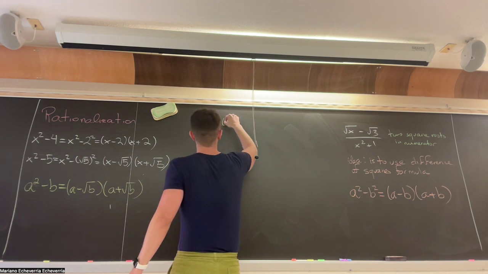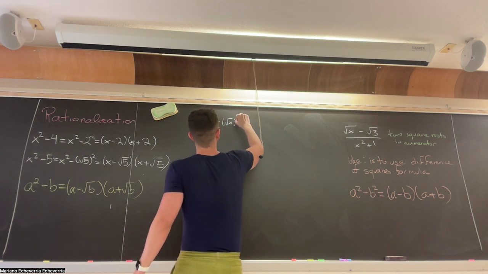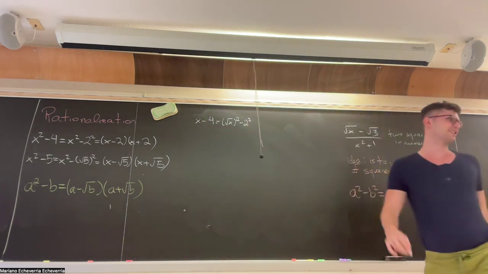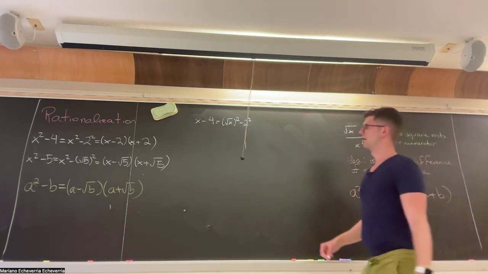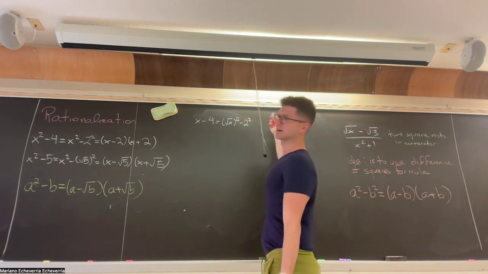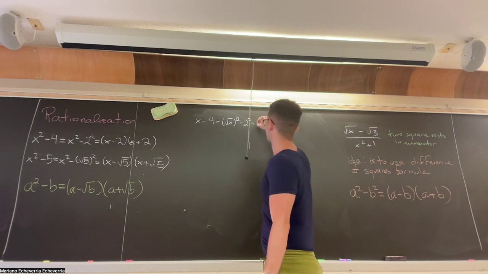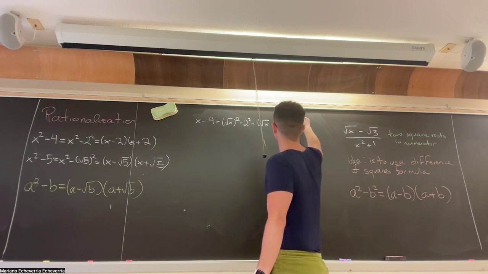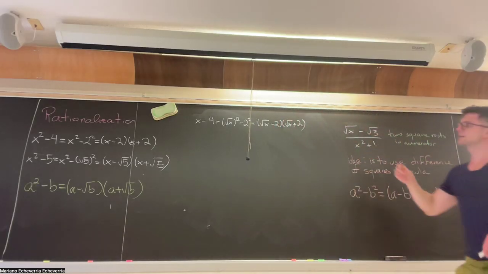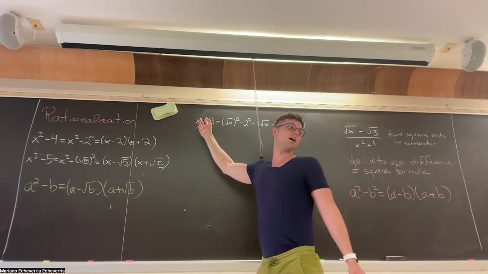Then you could say this is root of x squared minus 2 squared. Again, I can assume that x is positive, so that this works fine. Then you can apply the difference of squares formula again, which gives you root of x minus 2 times root of x plus 2.